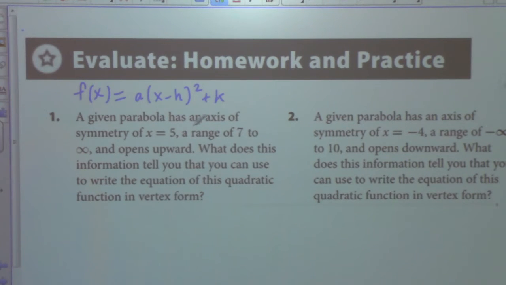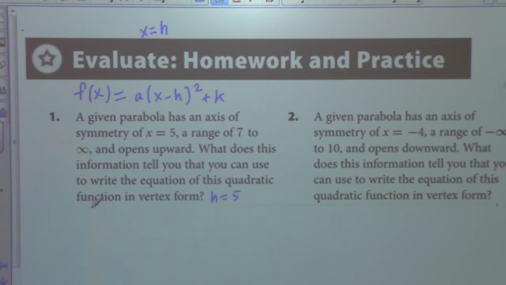Now, fortunately, for the axis of symmetry, the formula is x is equal to h. So what does h equal? 5. So h is equal to 5.